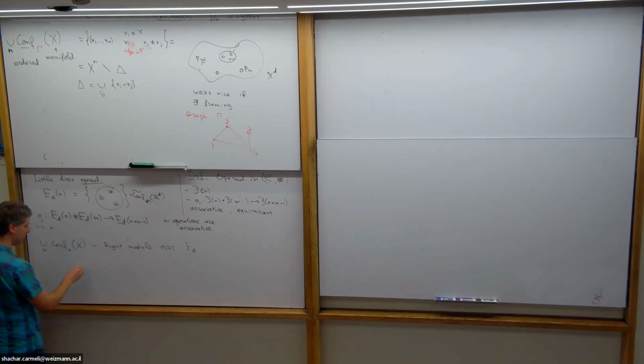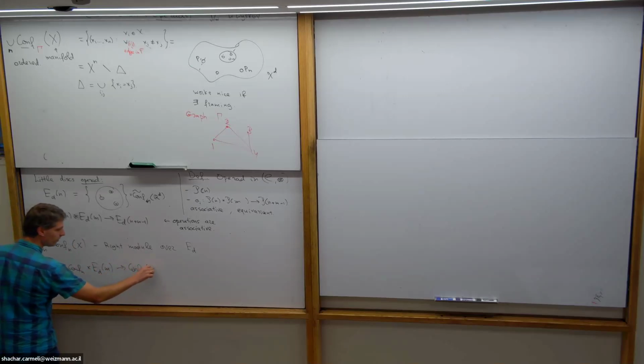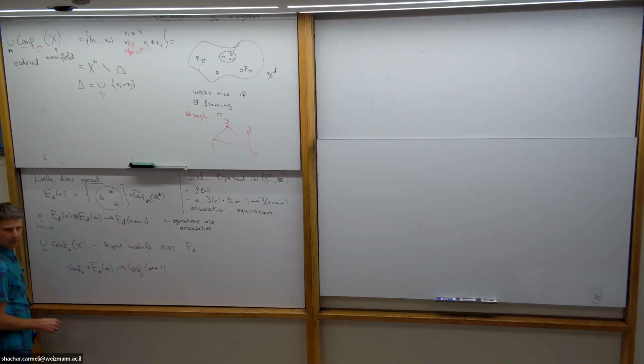So this is a module, so you have the collection of Conf n, the one of the argument: Conf m times E_d of m to Conf of n plus m minus 1.